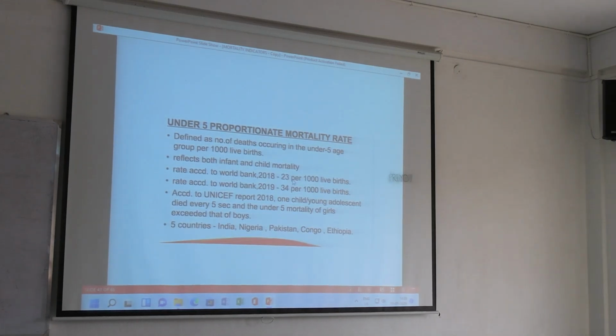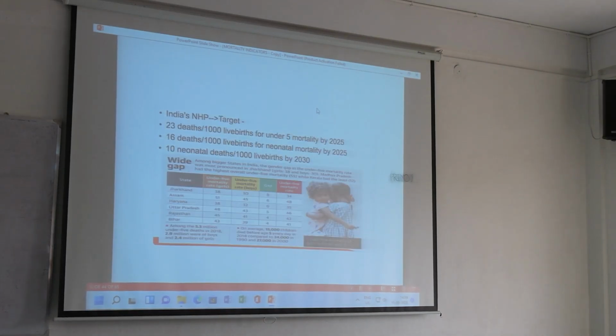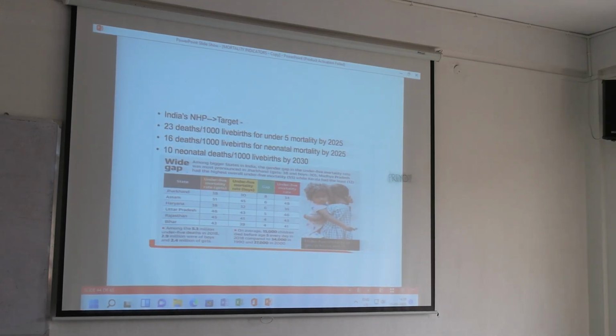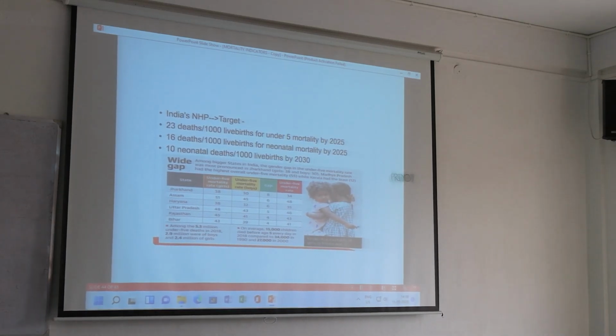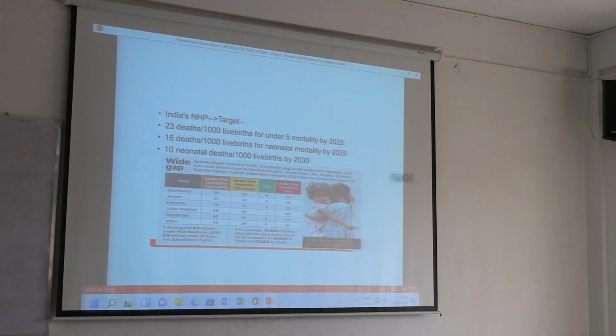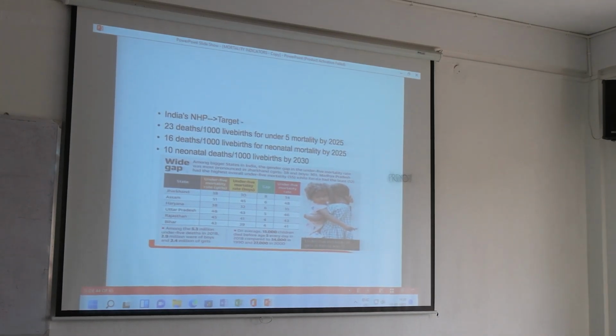According to the World Bank, it was 23 plus 18, and 19 was 34, so it has increased. India has its targets: 23 deaths per 1,000 live births for under 5 mortality, 16 deaths per 1,000 live births for neonatal mortality, and 10 deaths per 1,000 live births by 2030.